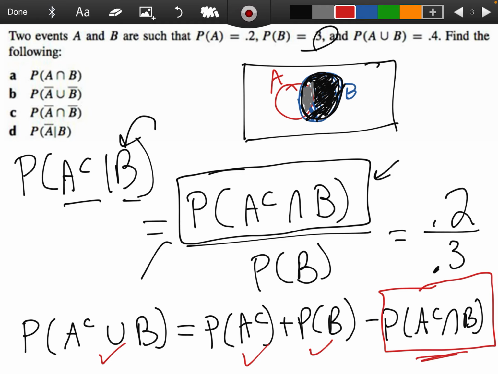But here is one of those places where I think looking at the Venn diagram makes it easier, recognizing that the denominator is the probability of B, that's 0.3, and the numerator is the probability of A complement and B. And where's the A complement and B? That's the part that I shaded in black.